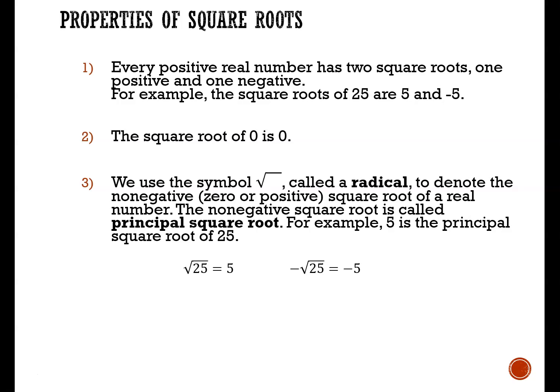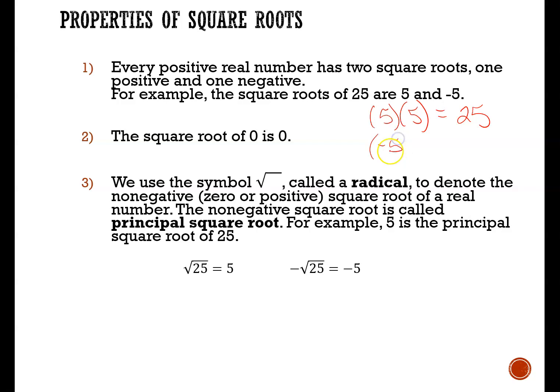Now let's think about why both of those are square roots of 25. We know that to be a square root means that you can take that number times itself to get 25. So if we were to do 5 times 5, that's equal to 25, and that's why 5 is a square root.